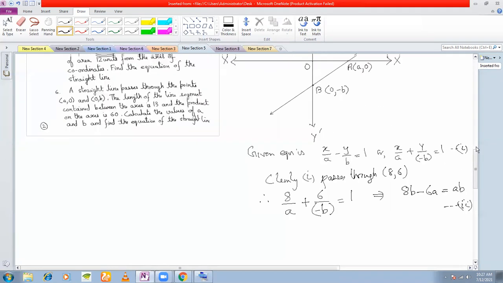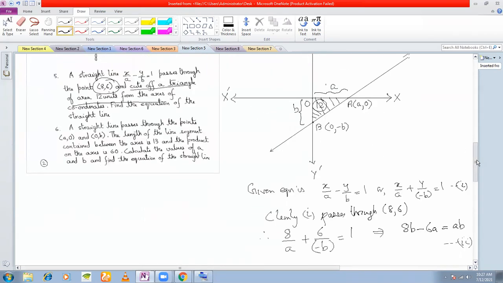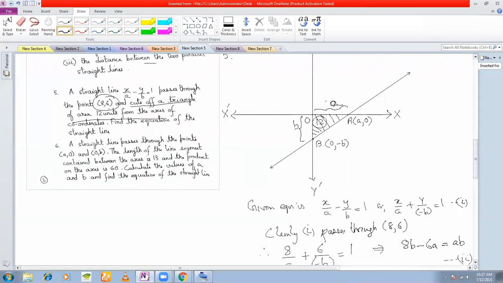Now what else? What is the next condition given? That the intercepts cut off a triangle of area 12 units, which is the triangle you can see here. The area of this triangle is 12 square units, right? So what is the perpendicular here? This length. What is the base here? This length. This length is a, this length is b. And because the area cannot be negative, we take only the positive values of a and b.